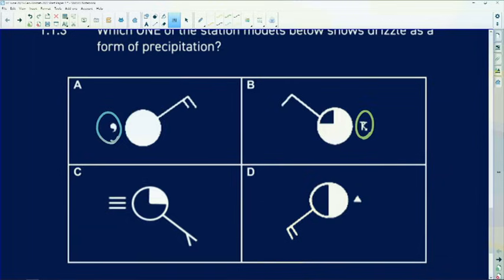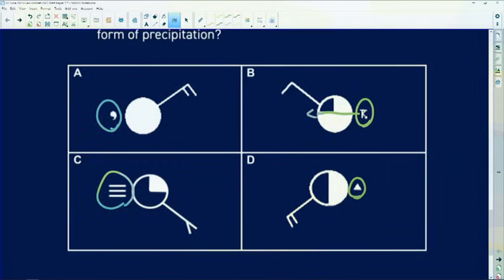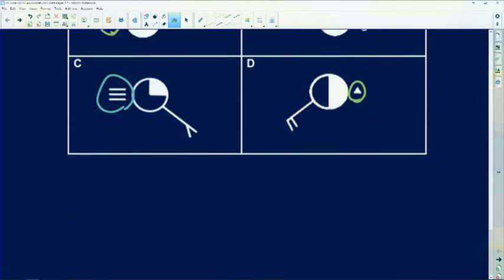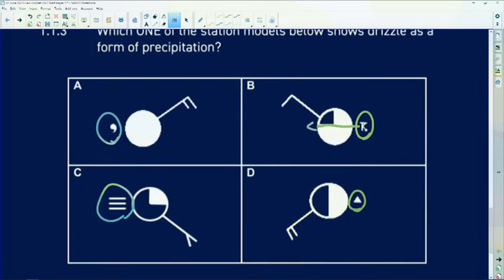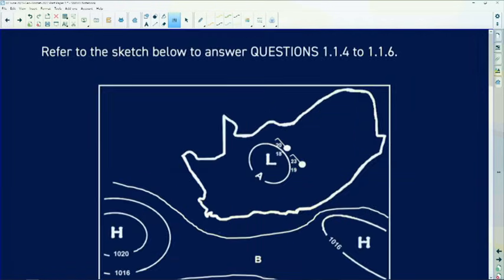This symbol represents thunderstorms, but most importantly, it's been written on the wrong side. It's always written on the left-hand side. This is known as fog, and this is known as hail. So our correct answer for 1.1.3 will be A.